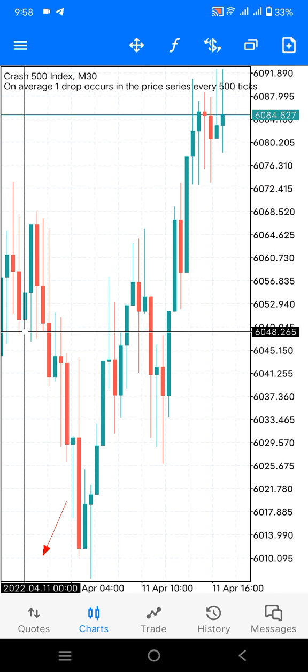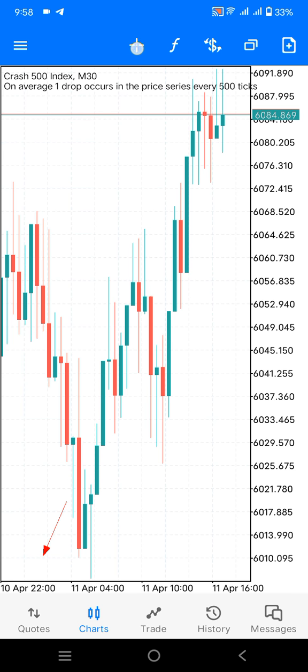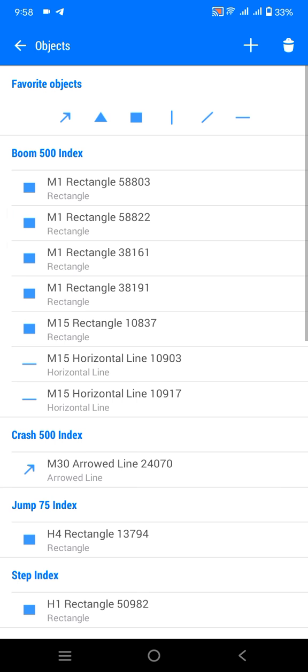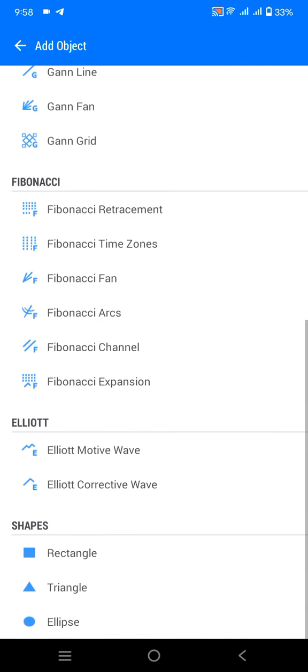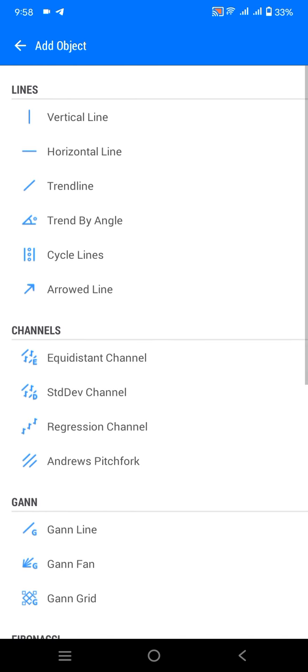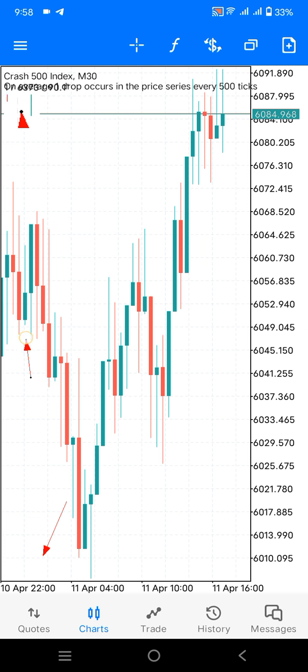So simply, you have to go and mark the start of the day candle, which is this one.